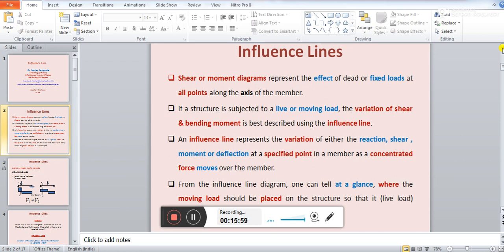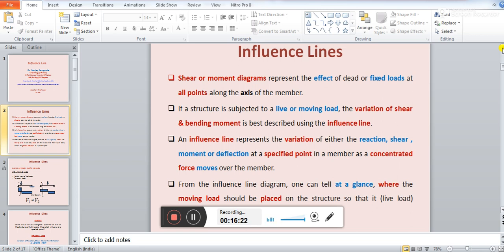So ideally you have observed it from the Word document, whatever I have shown you, that shear and moment diagrams, what do they represent? These are actually representing the effect of fixed loads. Fixed load means the load is static at its position. So dead or fixed load.